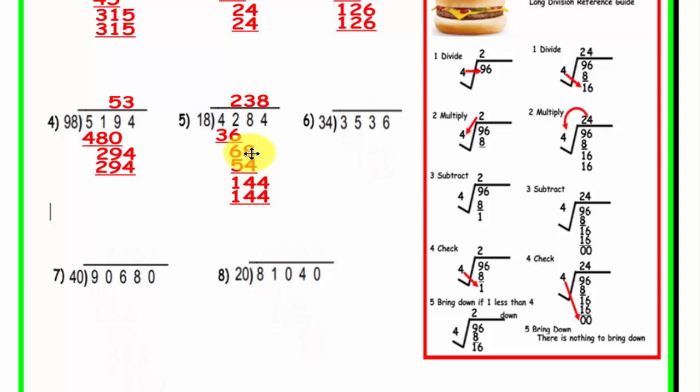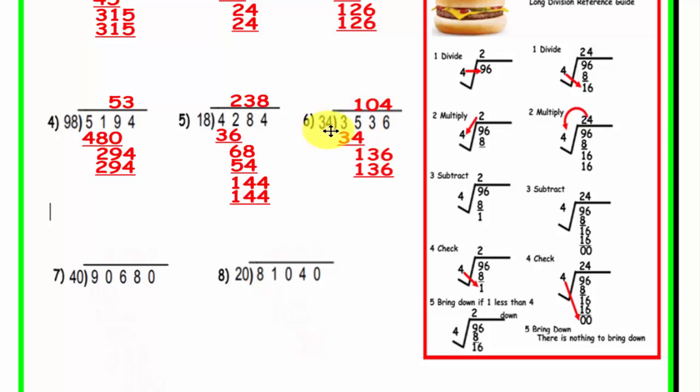Subtract. 4 from 8 is 4. 5 from 6 is 1. Bring down the 4. How many times does 18 go into 144? 8 times. 8 times 18 is 144.